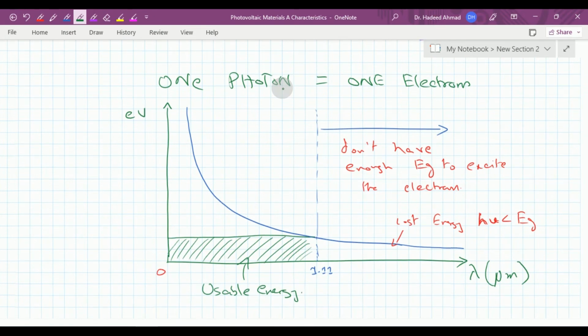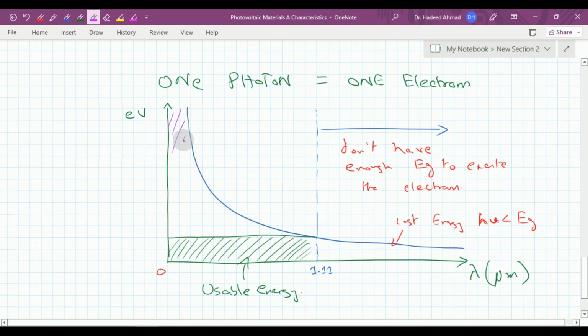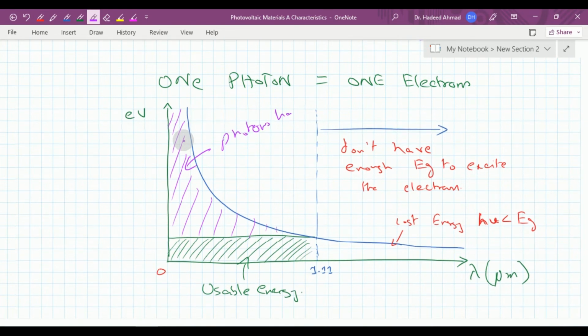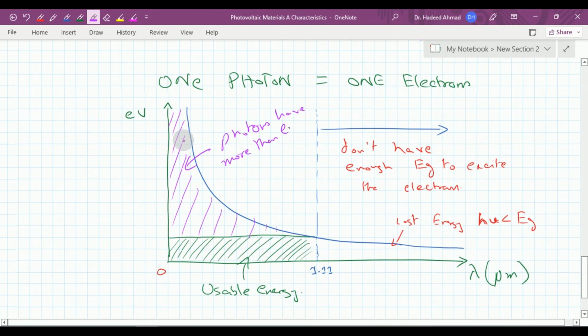Whereas if we look into this area, the photons have more than enough energy, and therefore this energy cannot be harnessed and it is wasted as heat.